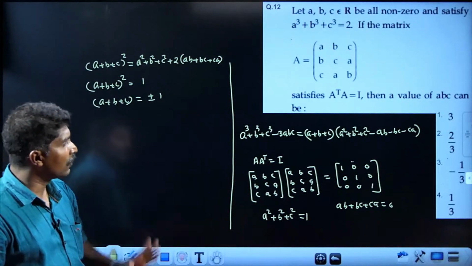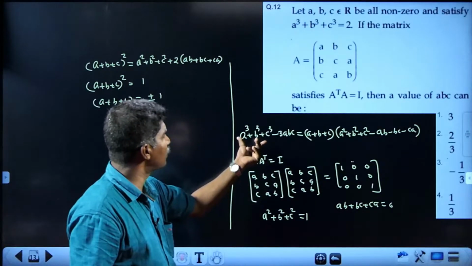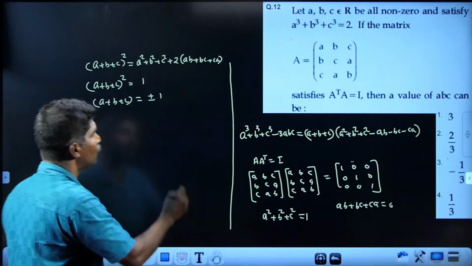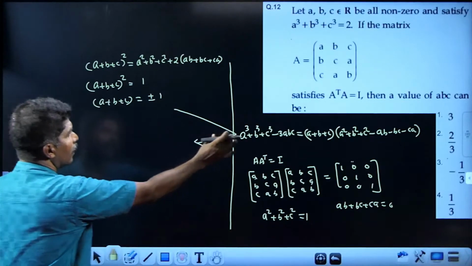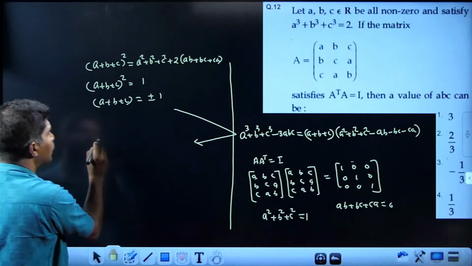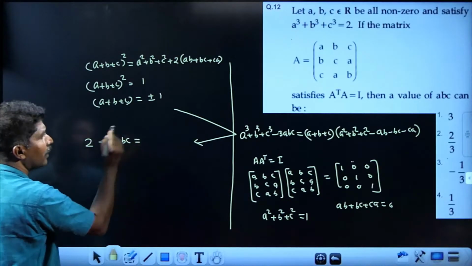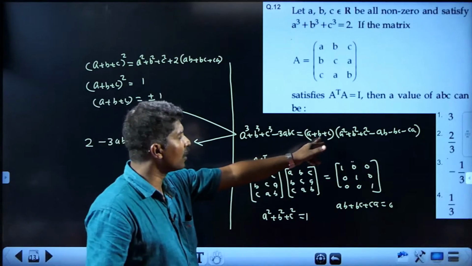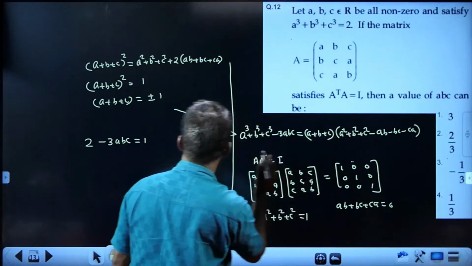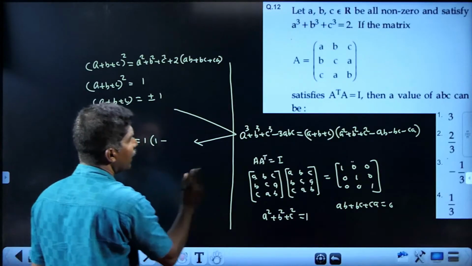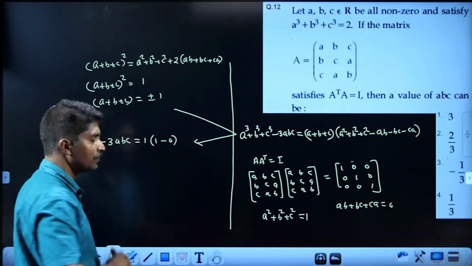Now we substitute these values here. a cube plus b cube plus c cube is equal to 2. Substituting all these values, we get 2 minus 3abc equal to, taking plus 1 first, 1 into (a square plus b square plus c square, that's again 1, minus ab plus bc plus ca, that's equal to 0).